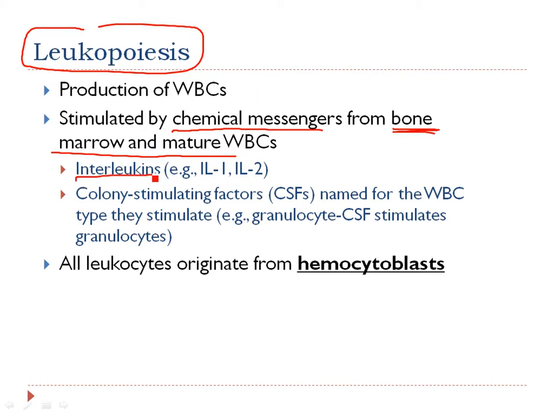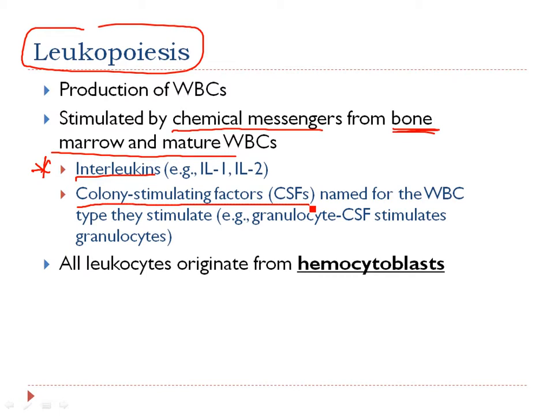These chemicals that tell your bone marrow to make more of one particular white blood cell versus another fall into two groups: interleukins and colony stimulating factors, or CSFs. Both of these are involved in triggering the production of more of the various types of white blood cells that you need.